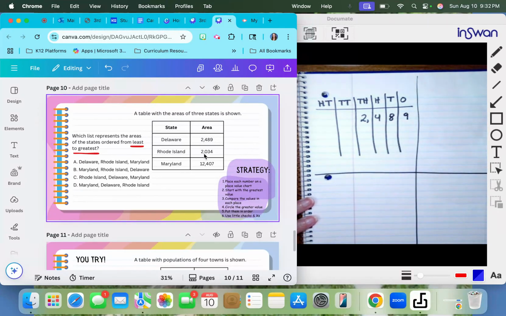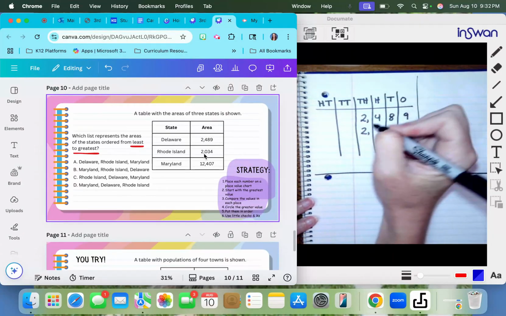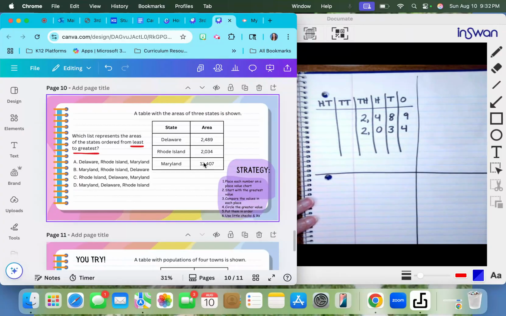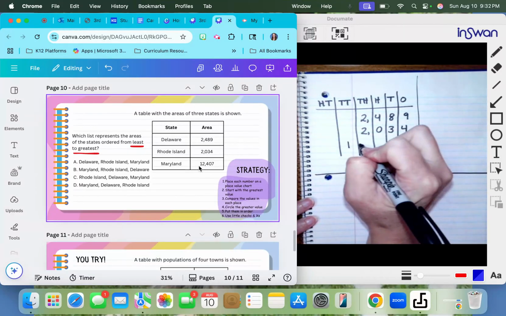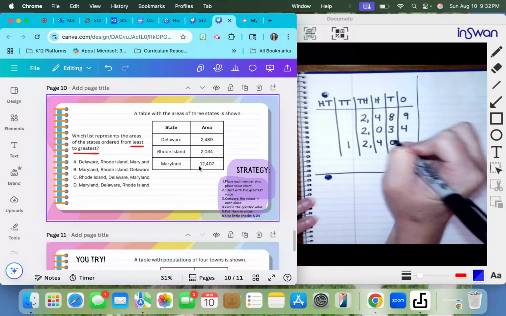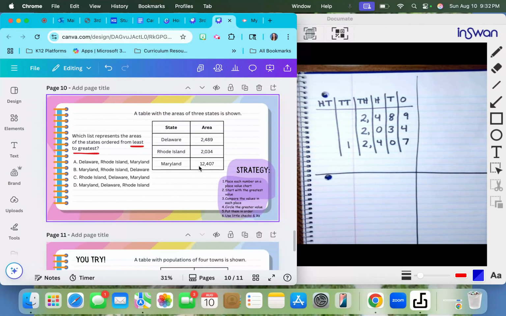My next number, 2,034. And my last number, it has a 10,000. So 12,407. Okay, I've placed all of my numbers and I'm going to order them on my place value chart.